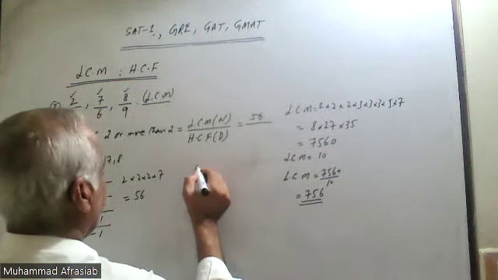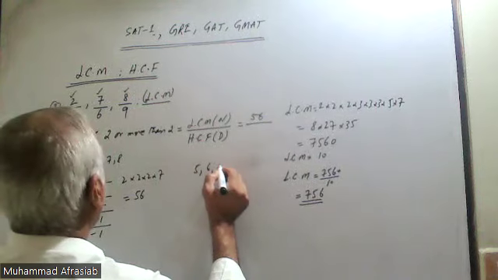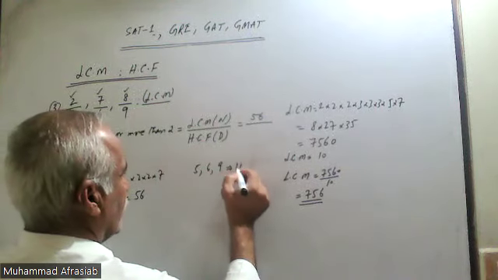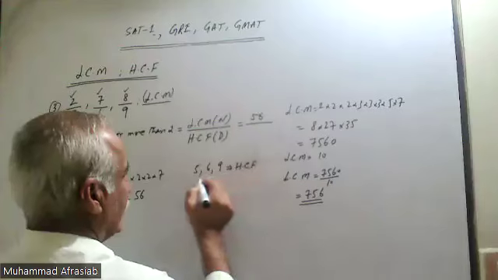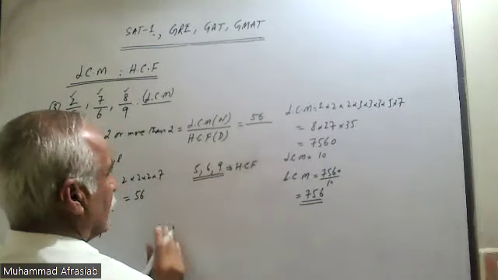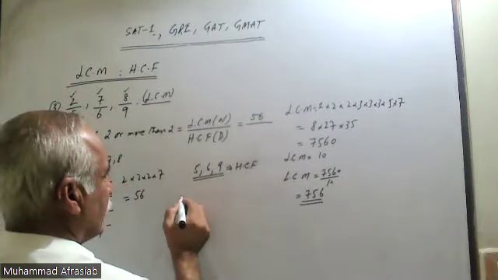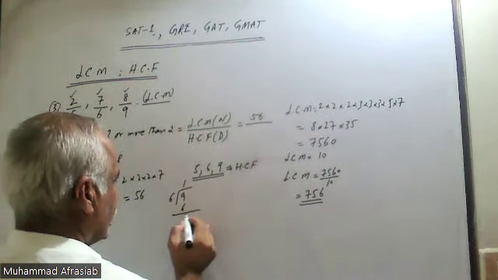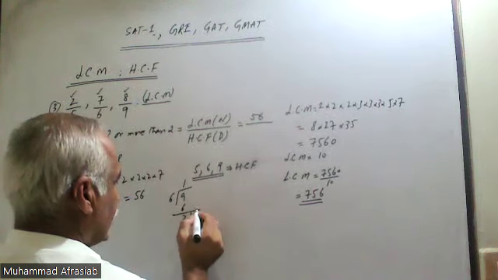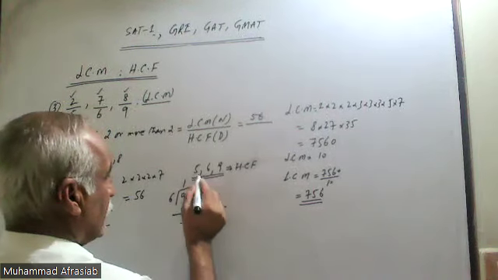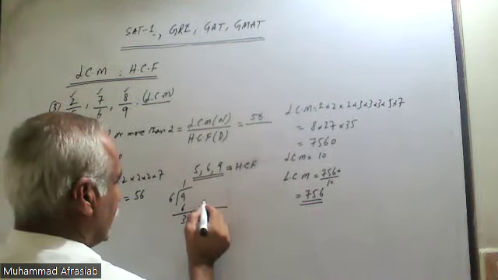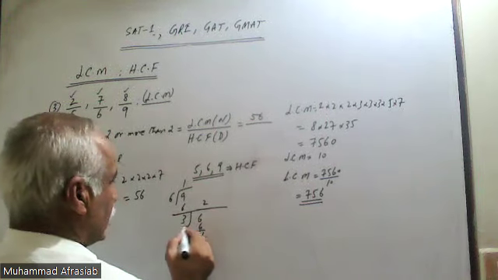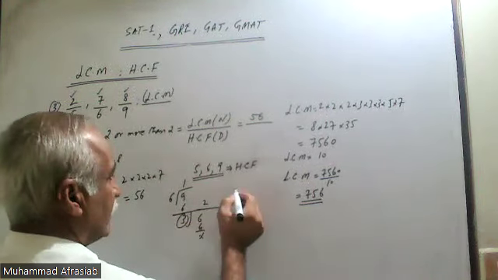So 5, 6 and 9, you are going to find the HCF of these three numbers. We can use 9 divided by 6. It is 6, 3, then 3 is taken outside. Then it is 6, 3 twos are 6. So the HCF is 3.